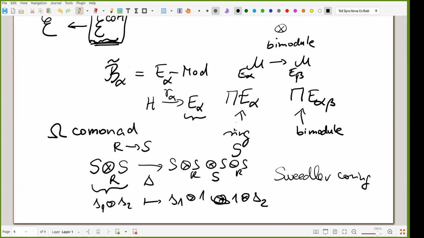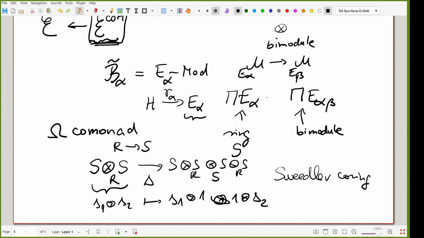Now this is one situation. This is when I have just extension of rings. Here I have a more complicated situation. I have some bimodule which glues, and I have some ring. So I have in general co-multiplication in the situation with rings and bimodules.